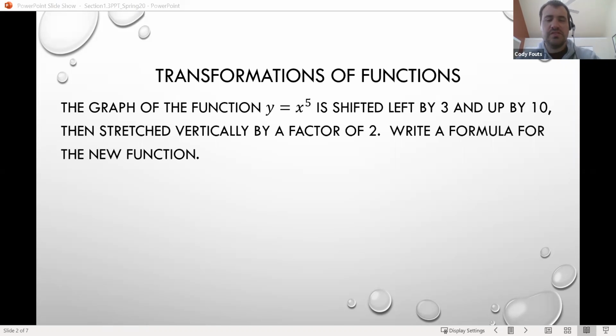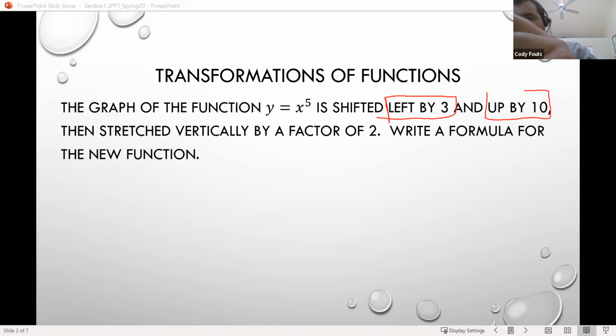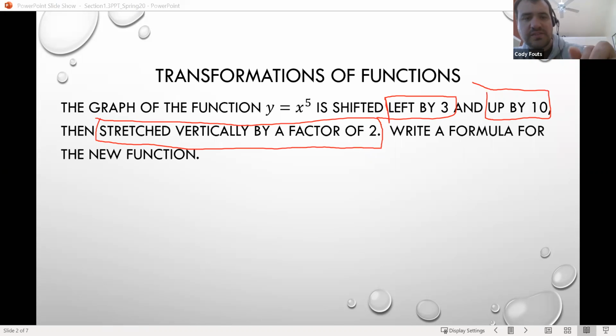So first thing we want to do is identify the different transformations we have here. So we have first of all, the left by 3, the up by 10, and then stretched vertically by a factor of 2, and that term vertically is something we need to pay attention to because that will tell us where in our formula the 2 is going to go.